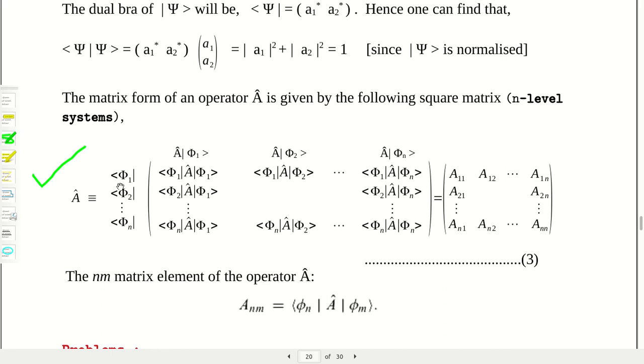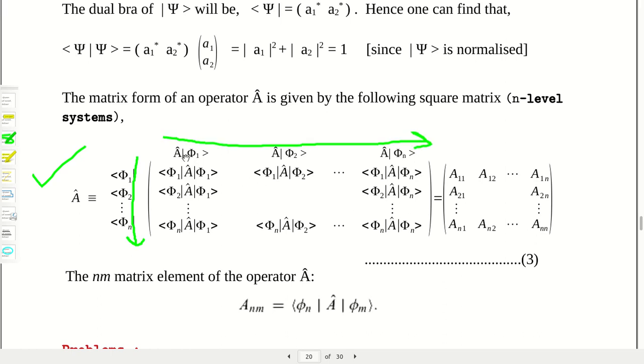So follow this rule. There are n bras and n kets. Now the n bras are phi 1, phi 2, dot dot dot phi n. So n number of terms are there, and in the columns you have just followed this path, and now follow this way.